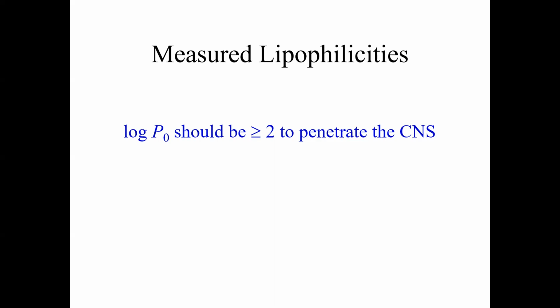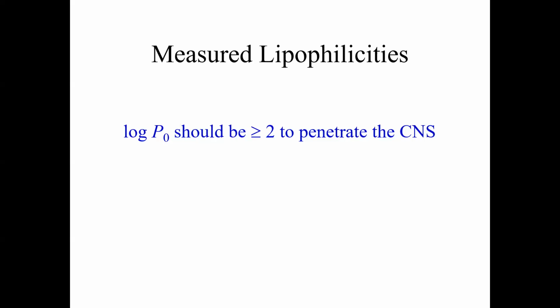If the log P is more than 5, then the drug becomes too lipid soluble and will just get stuck in the blood-brain barrier, that biological membrane that basically divides our bodies into the CNS and peripheral. So that is the range for optimal CNS drugs.